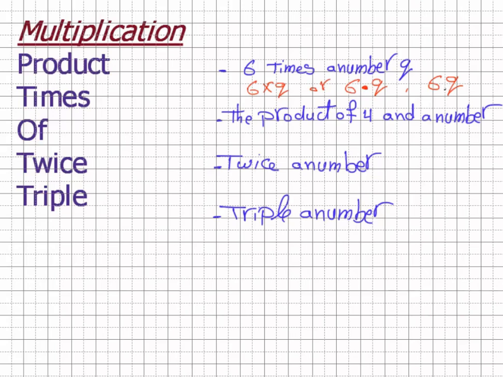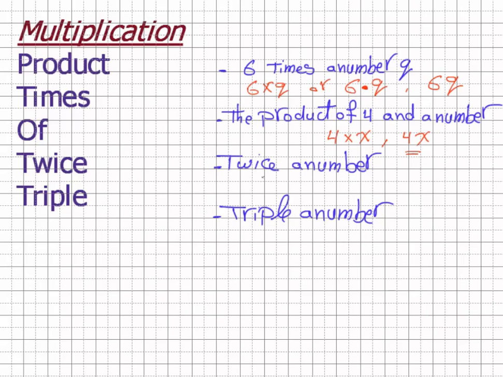We don't put any symbol here, which also means multiplication. The product of 4 and a number will become 4 multiplied by a number. We don't know the number, so it will become x or any letter. Or we can write it as 4x.